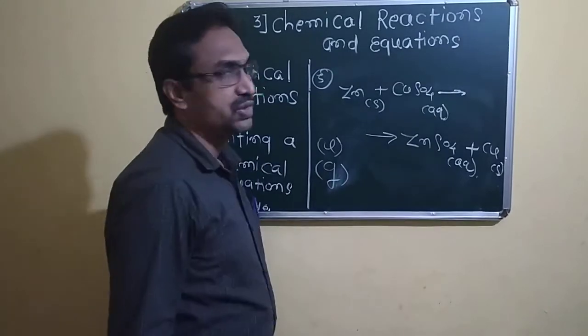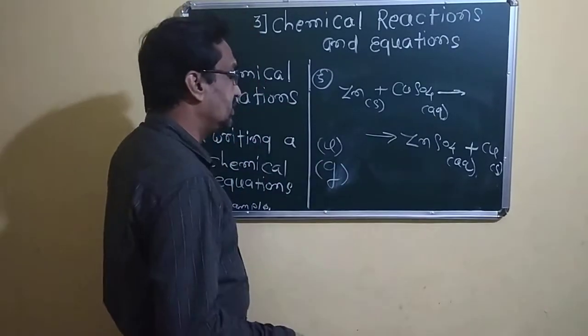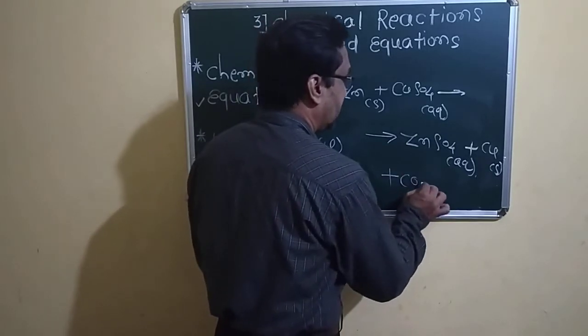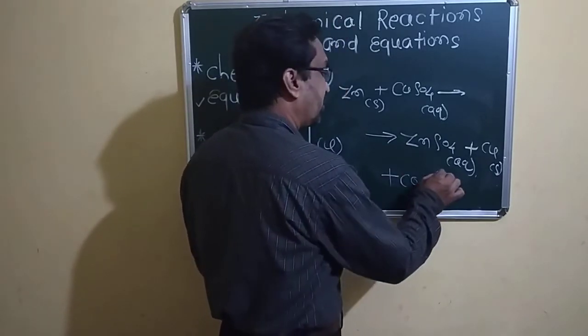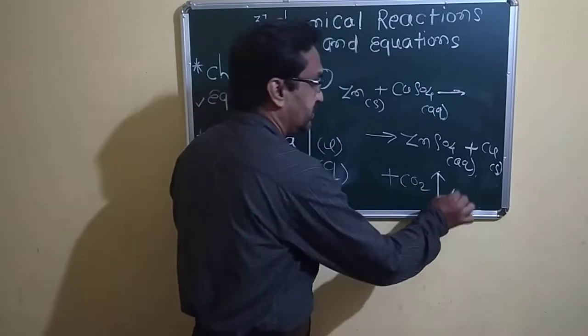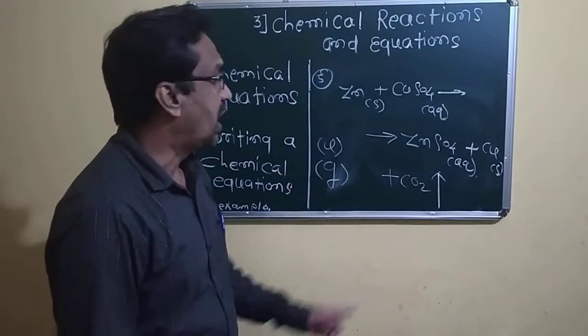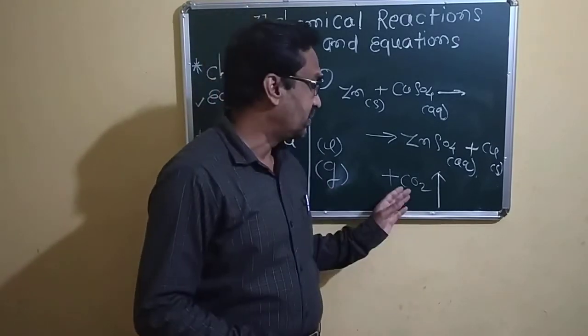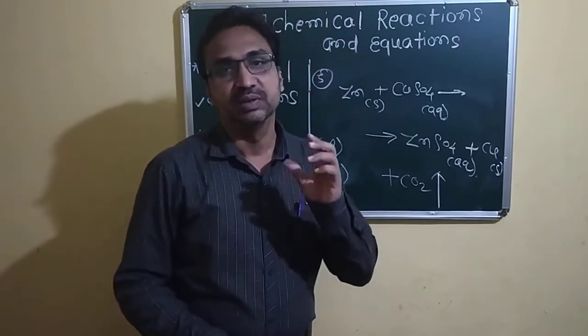This way. When a gas is released, for example CO2 is released as a product, instead of writing gas we write an upward arrow. The upward arrow indicates it is a gas. The gas is the byproduct obtained from the reactant.